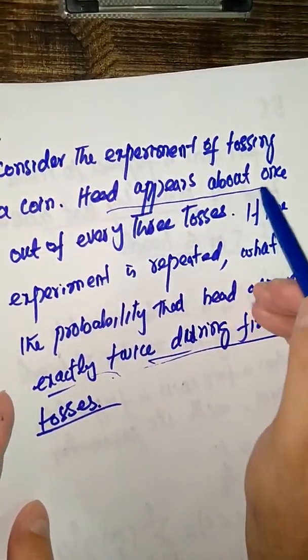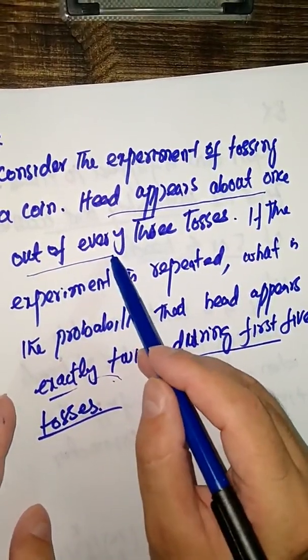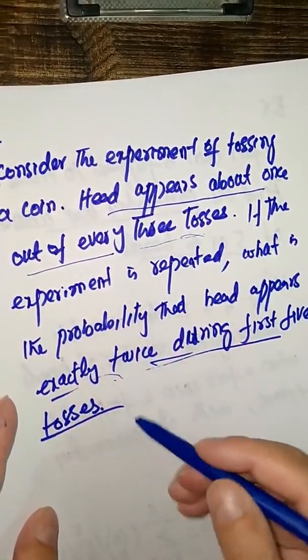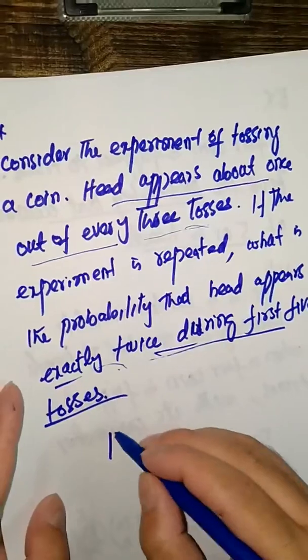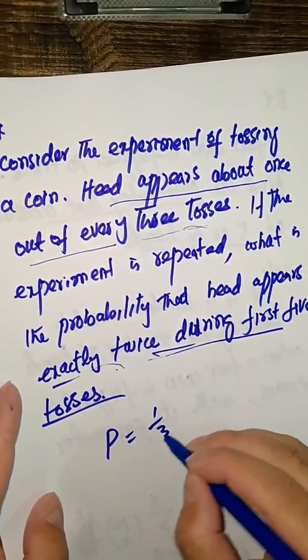So first consider the experiment of tossing a coin. The head appears about once out of every 3 tosses. So the probability of head would be 1/3.